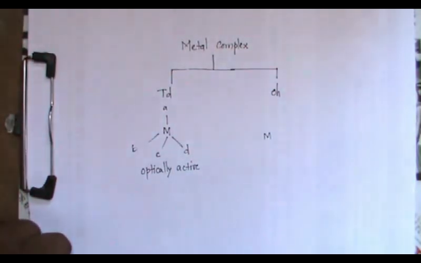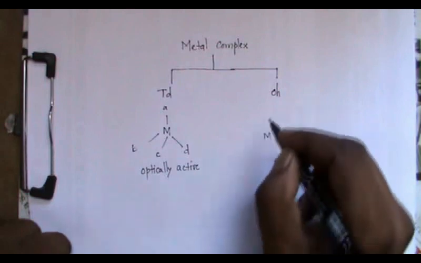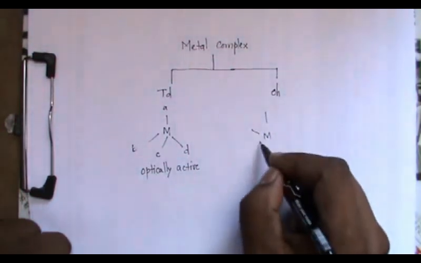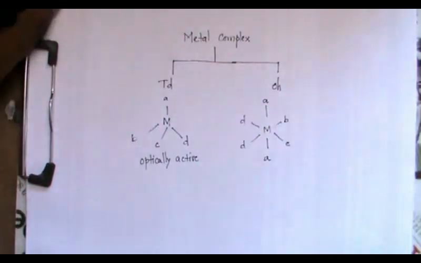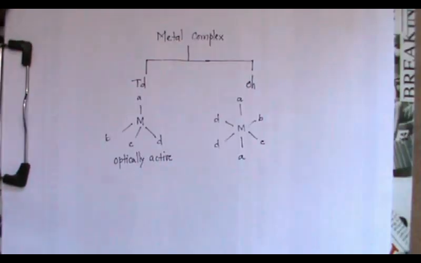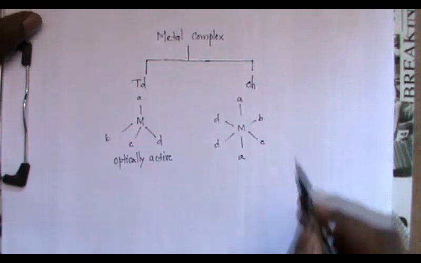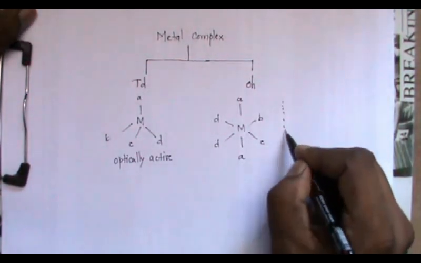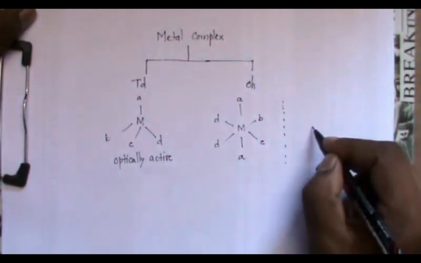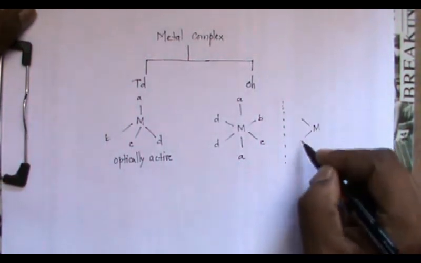It is not compulsory that all the 6 ligands should be different. Let's consider a complex like this. Here I have 4 ligands A, B, C and D. Let us consider the mirror image. It will be like this.